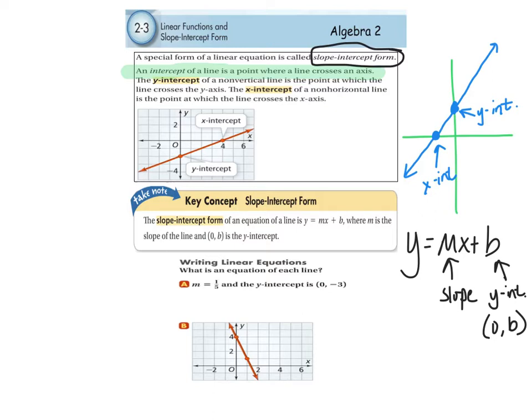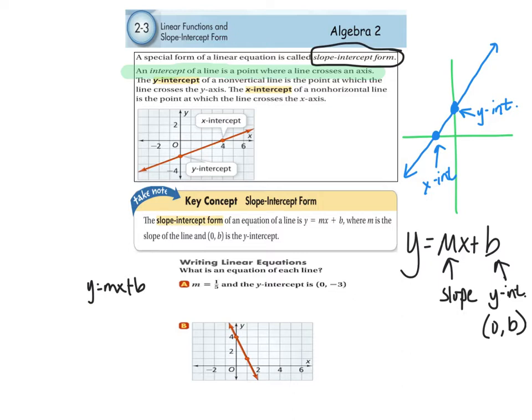The first thing they're going to ask you to do is to write an equation in slope-intercept form. They're going to give you the slope and the y-intercept, and you simply have to substitute these in. In letter A, it says that the slope is 1/5, and the y-intercept is (0, -3).